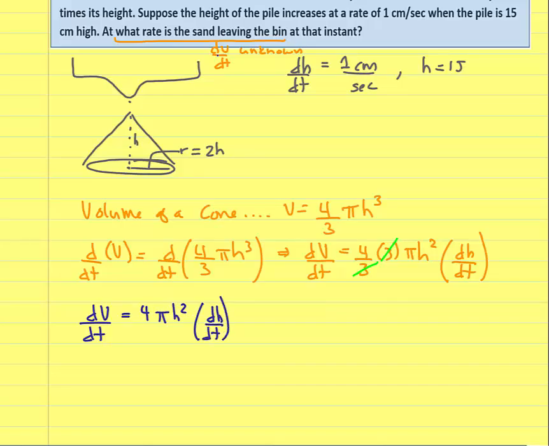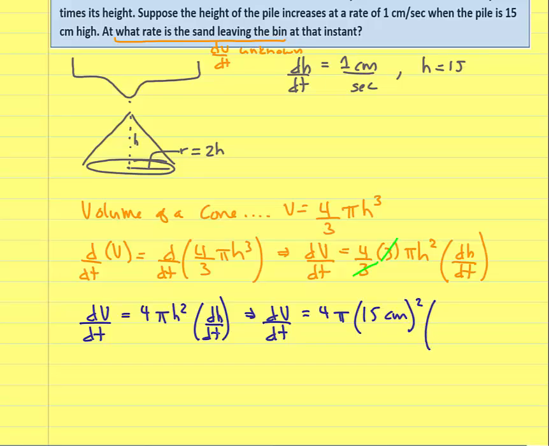Now our unknown is dV/dt, which is already on the left. So I have dV/dt equals 4 pi. When I'm plugging in values, remember that rate was occurring when h was 15, so this is 15 centimeters squared.